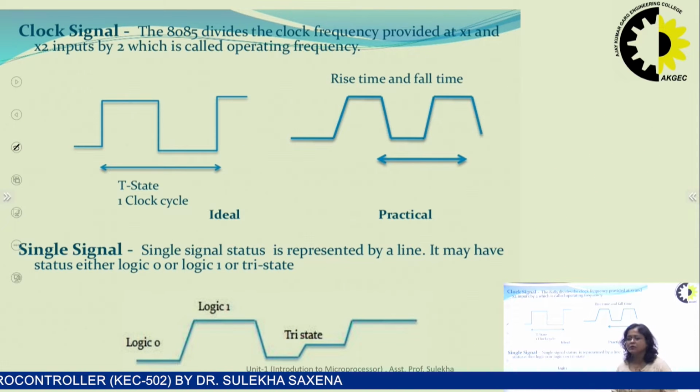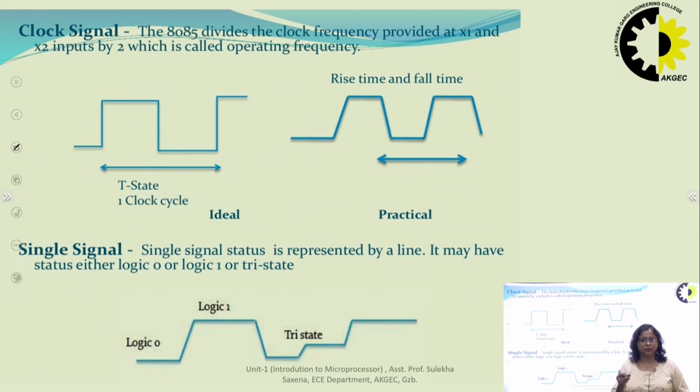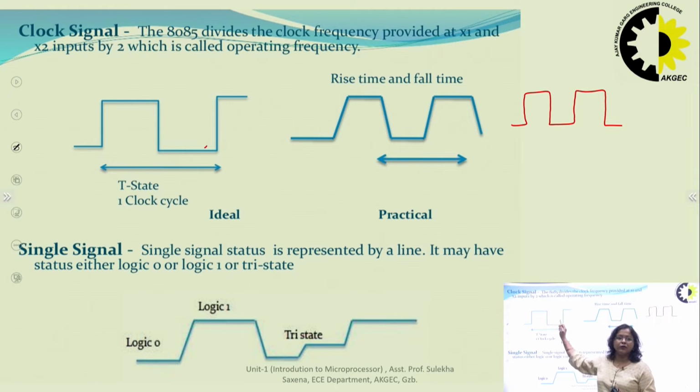So now we will see the various signals which we use in case of a timing diagram. First of all, the timing diagram is with respect to time, and time is represented in terms of the clock signal. The clock signal is defined as a cycle of 1 and 0, and in case of an ideal clock cycle, it consists of 0 rise and fall time, and 1 T state is nothing but 1 time period.